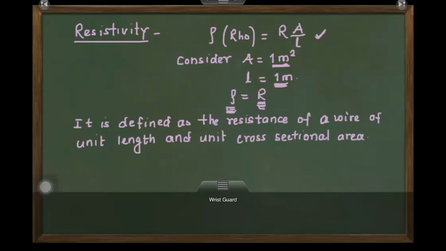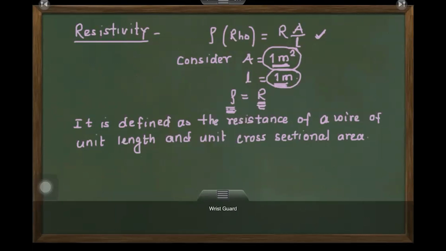This is also called specific resistance. Why is it specific? Resistance is for all, but some specificity came here. What is the specific thing? 1 meter square, 1 meter length. 1 meter square area and 1 meter length is the specific thing, and that's why this is called specific resistance.